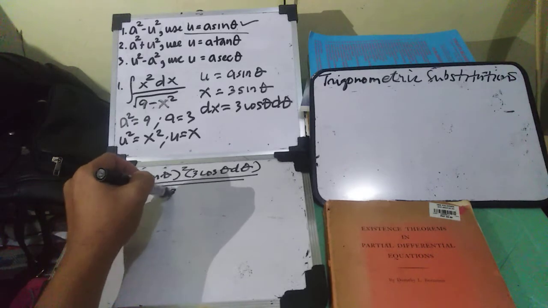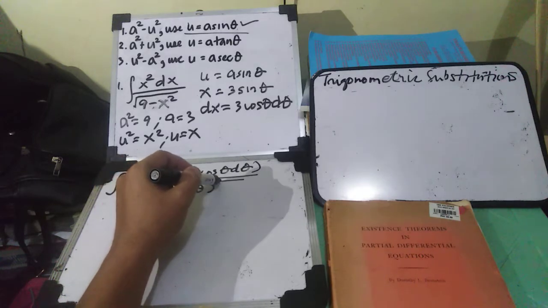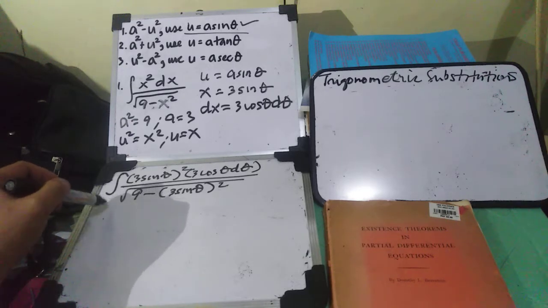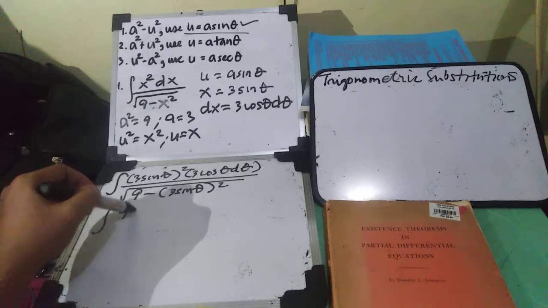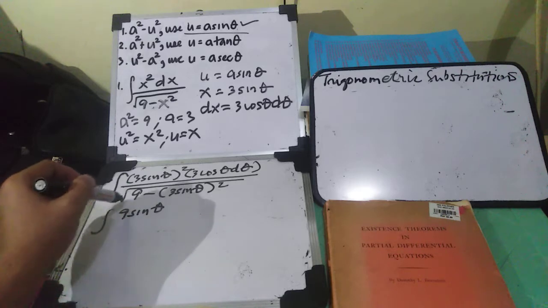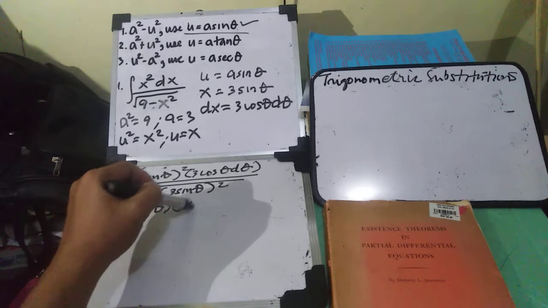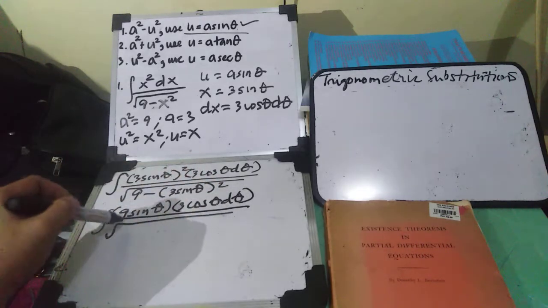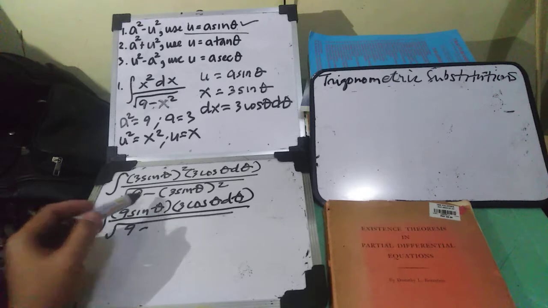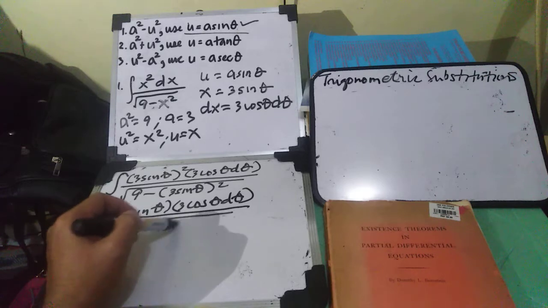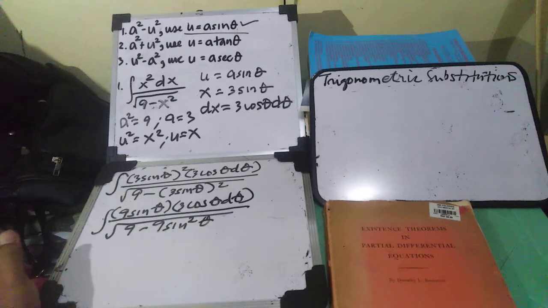X is equal to 3 sine theta, therefore it is quantity squared. Then by simplifying, we have 9 sine squared theta times 3 cosine theta d theta all over the square root of 9 minus 9 sine squared theta.